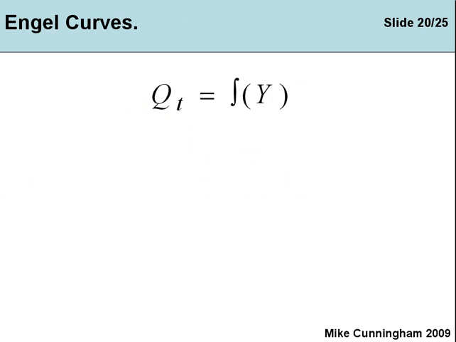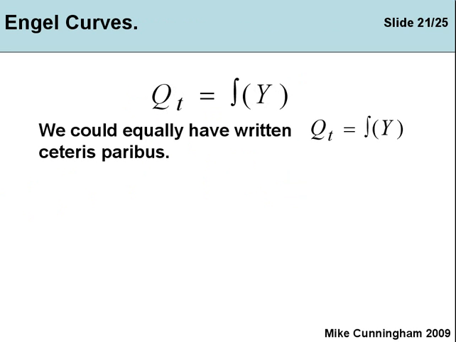I mentioned earlier this idea of an Engel curve, named after a famous economist. Not the same Engel who was friends with Karl Marx, for those of you who read politics. But again, let's take the ceteris paribus relationship, that the quantity demanded per unit of time depends on the level of income. We could equally have written this and made it explicit that we have a ceteris paribus relationship.